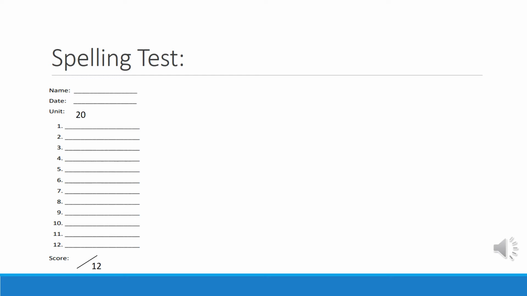Number 8. Forwards. Forwards. Number 9. Kingdom. Kingdom. Number 10.